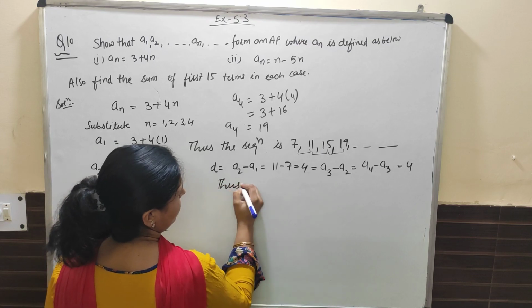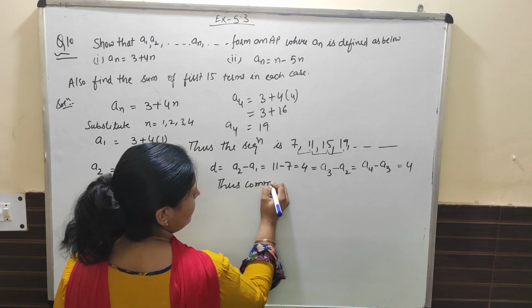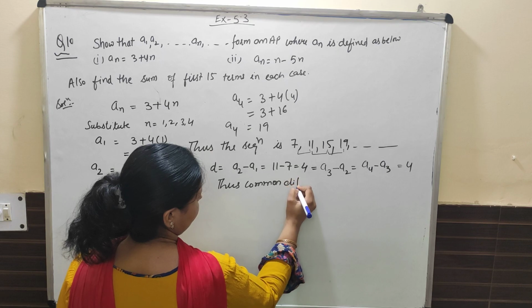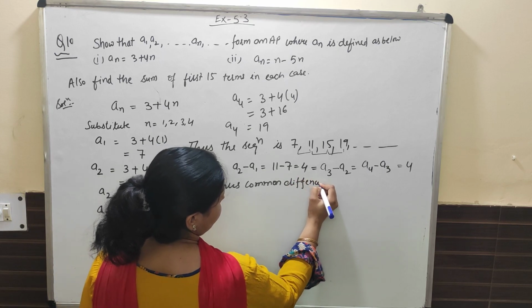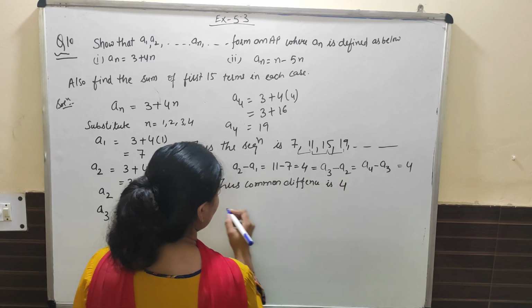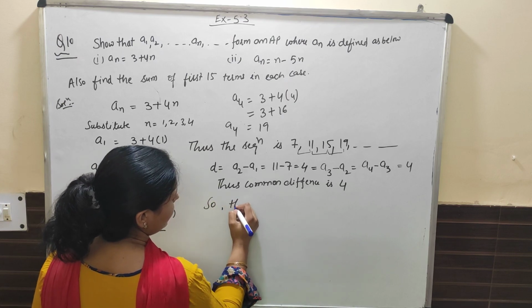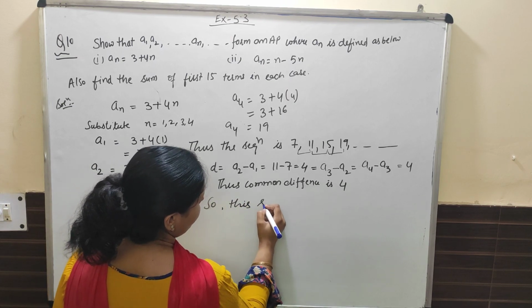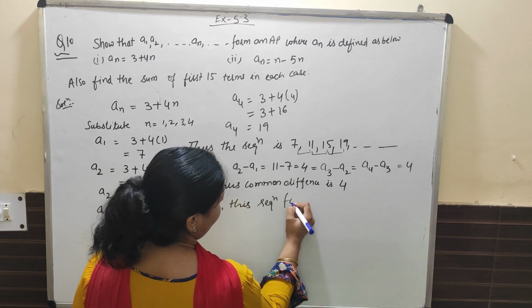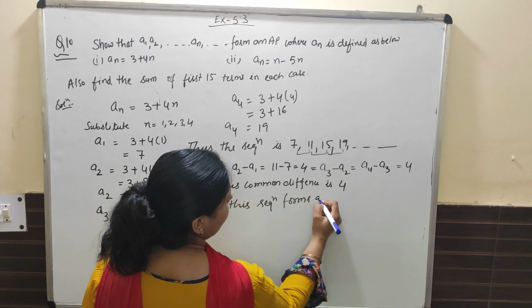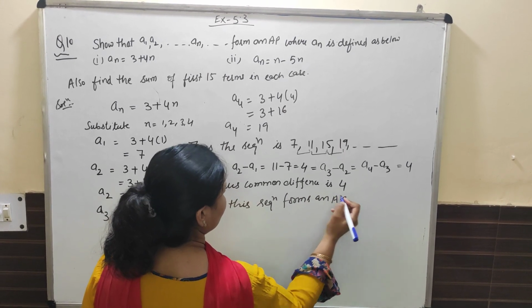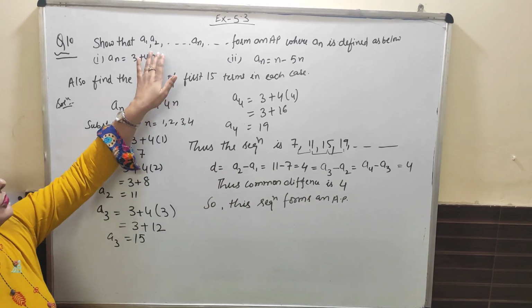Thus, common difference is 4. So, this sequence forms an AP.